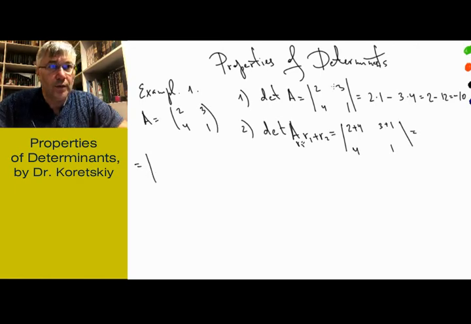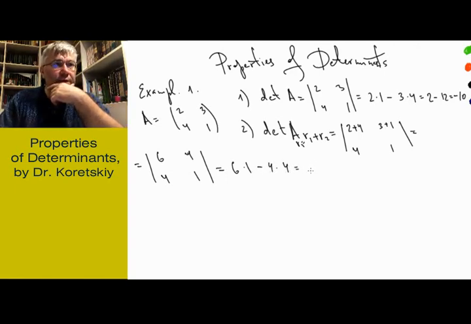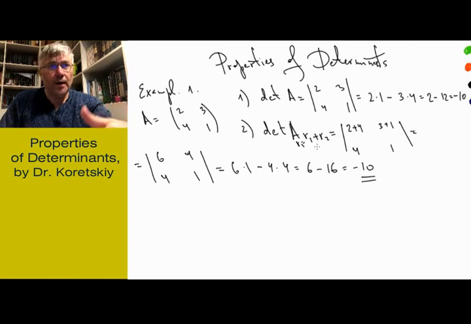I add to the elements of row 1 the elements of row 2. I have 6, 4, and here still 4 and 1. The determinant of this matrix is 6 times 1 minus 4 times 4, that is 6 minus 16, and it is minus 10. So you can notice that if we add a row to a row, we have the same determinant as we had for the given matrix.